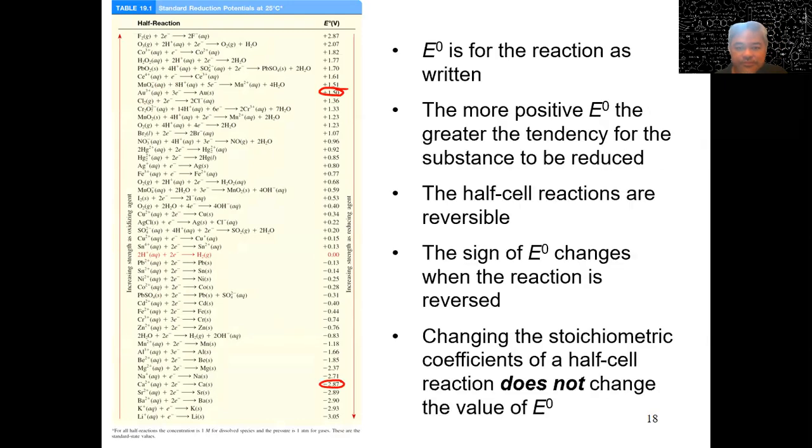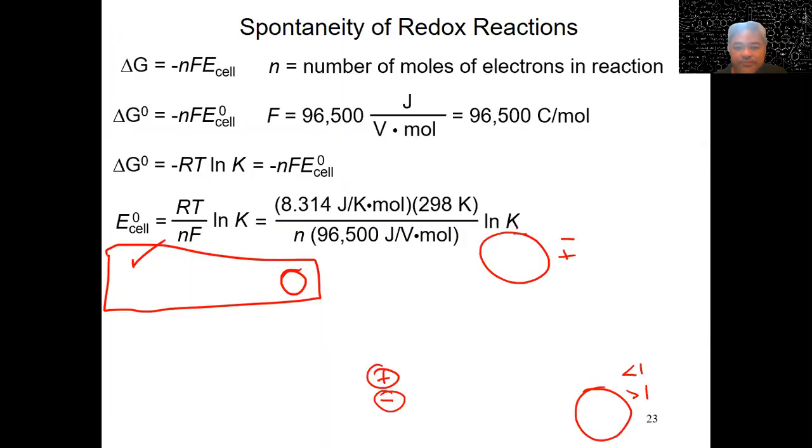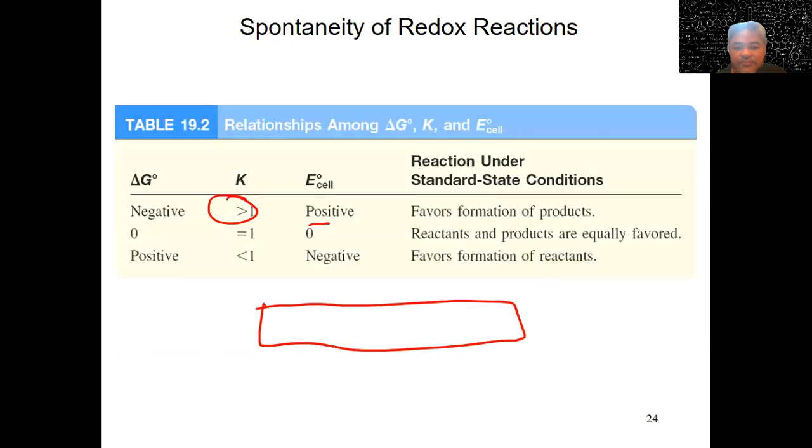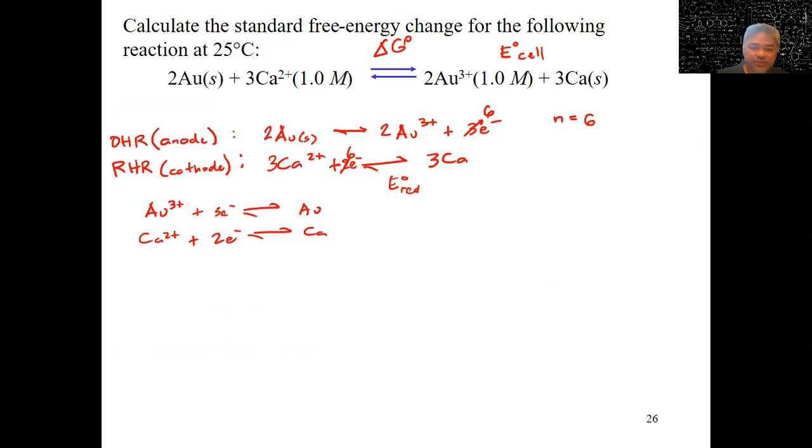Where is calcium? Here. 2.87. So this is 1.50 and this is negative 2.87.